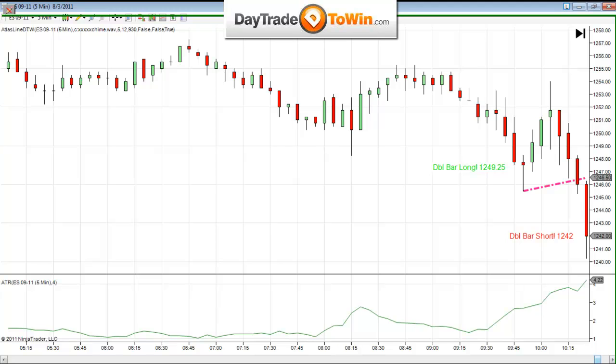So I want to go short 1242. Everyone who has the Atlas line here in the room has the same exact orders as I do. It's exactly the same. So 1242 is my short. Unless I have a reason not to take this short, I'm short. Plain and simple, 1242. Okay?